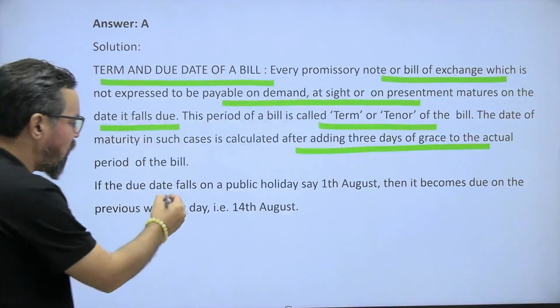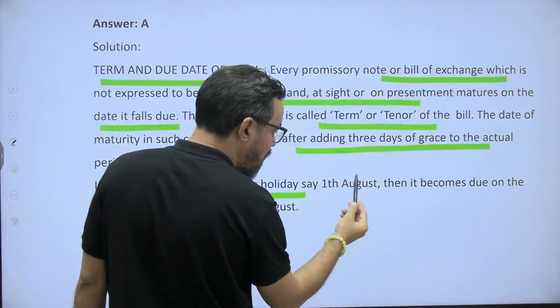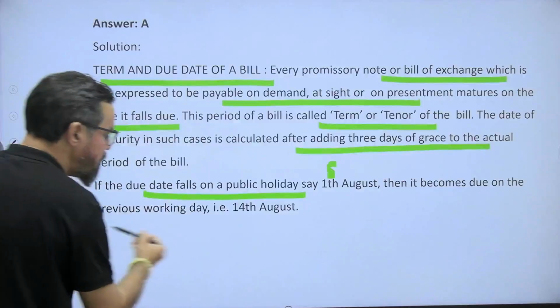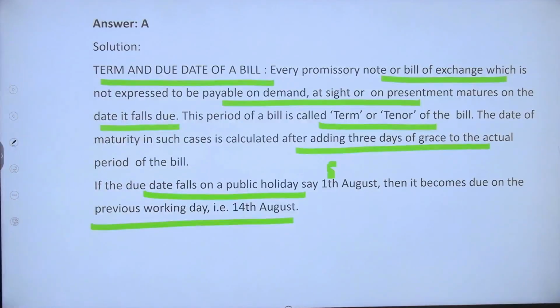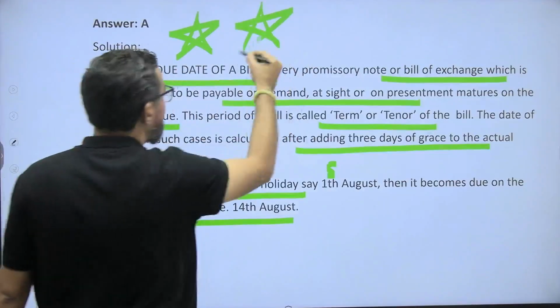If the date falls on a public holiday, say 15th August, then it becomes due on the previous working day, which is 14th August. Understood, guys? Very important. Please do remember this particular one. This will help you in your upcoming examination also.